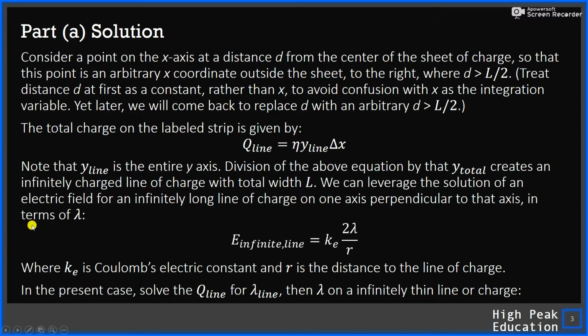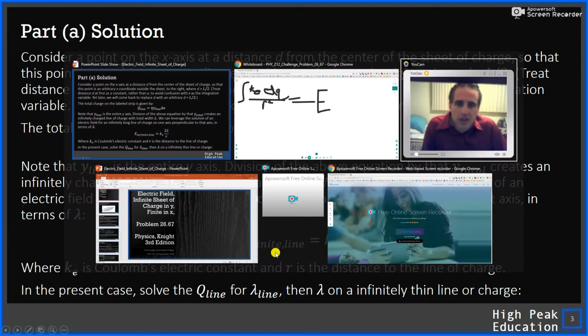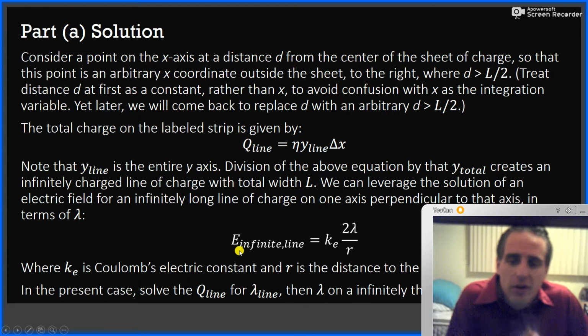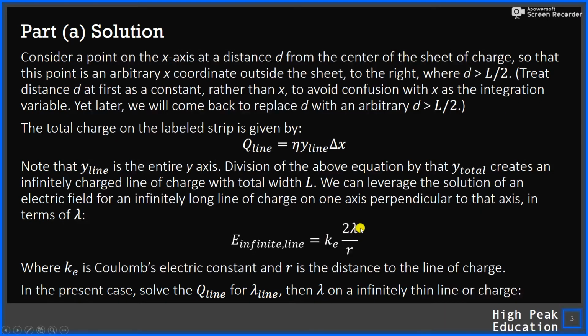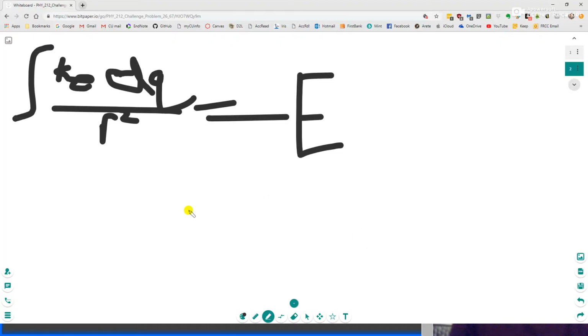So we want to leverage this expression for E, the electric field of an infinite line of charge, in terms of the Coulomb's constant and lambda, which is the linear charge density. By the way, just so we're clear, linear charge density lambda has units of coulombs per meter.